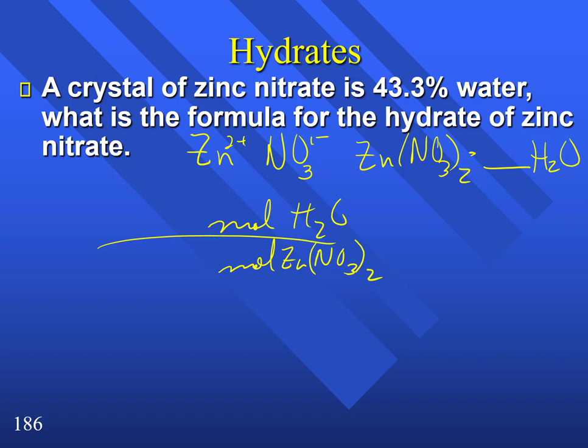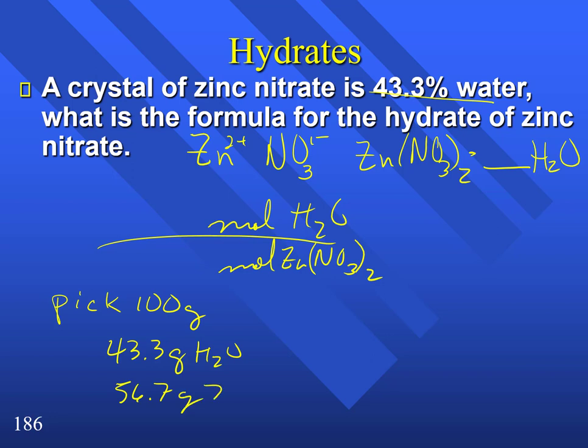Well, I must be using that 43% water. I can pick any amount. I'm going to pick 100 grams. Why do I pick 100 grams? Because then I know I've got 43.3 grams of water. And actually, notice the fancy math here, 56.7 grams of zinc nitrate.